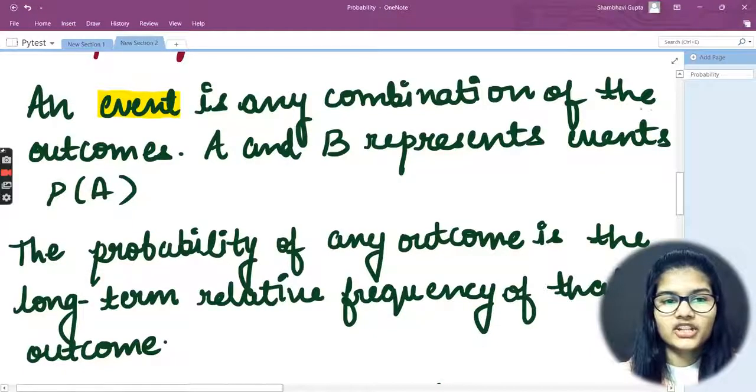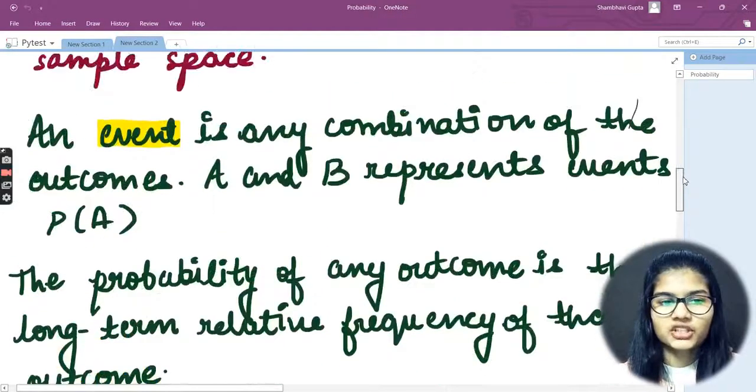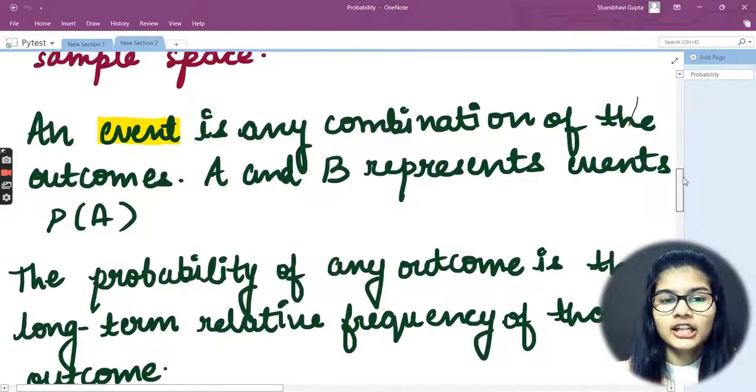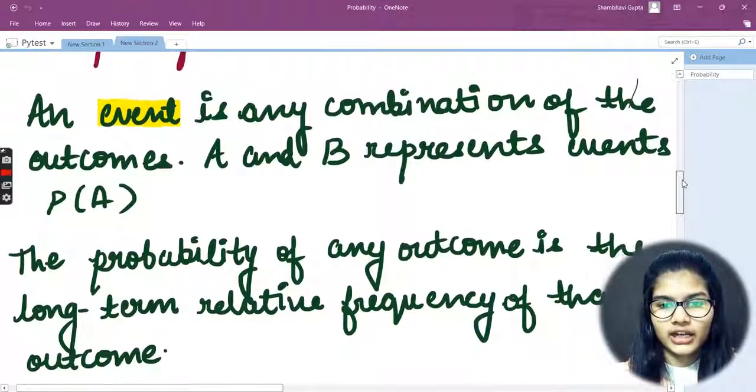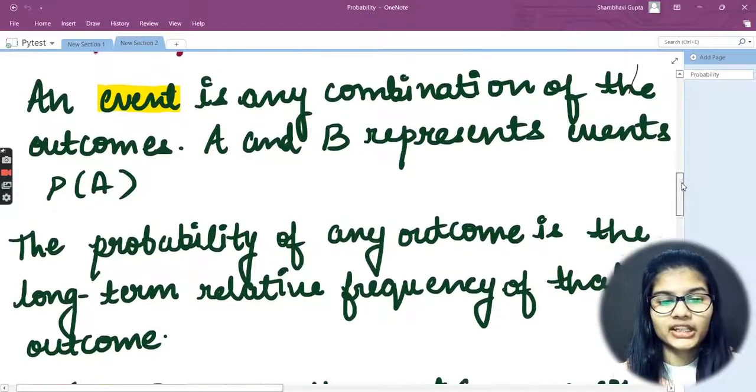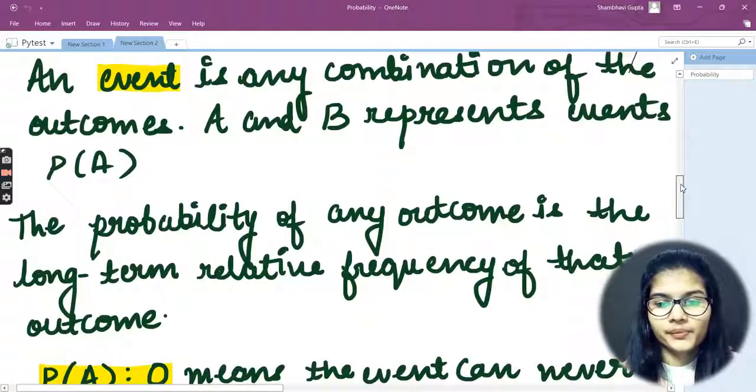An event is a combination of outcomes. A and B represent events, and if you want to write that in the form of probability, it is probability of A. So the uppercase characters all represent events for you.